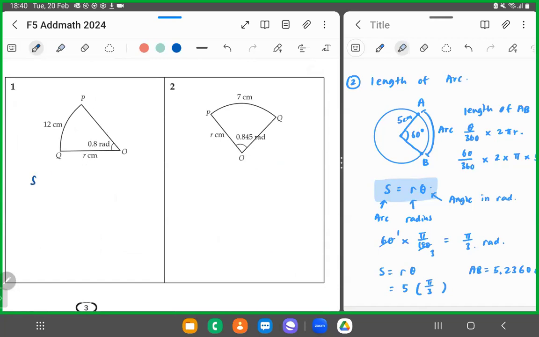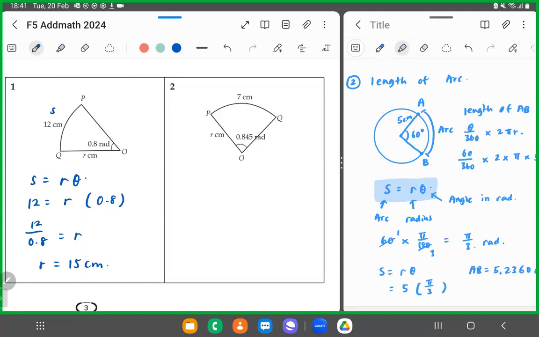S equals R theta, where S is 12. 12 equals radius, we don't know, so write R, and the angle is 0.8. It is in radian, so no need to change. To find R, we take away the 0.8, so it becomes 12 over 0.8 equals R. So R will equal 15 cm.